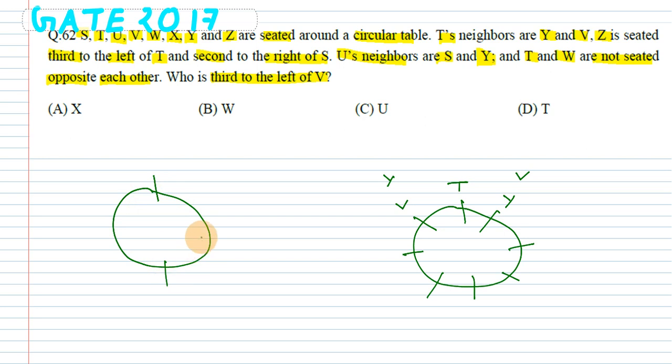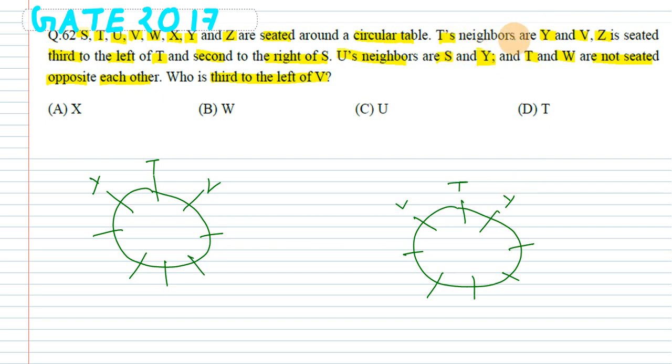Let's take the other possibility also: suppose T is here, and in this case we take Y to the left of T and V to the right. Let me erase this. So these are the two possible arrangements.